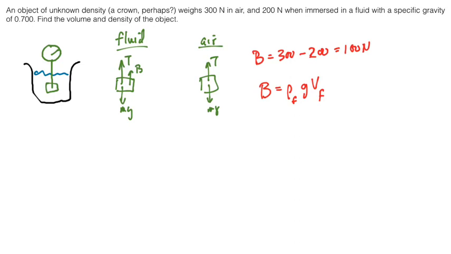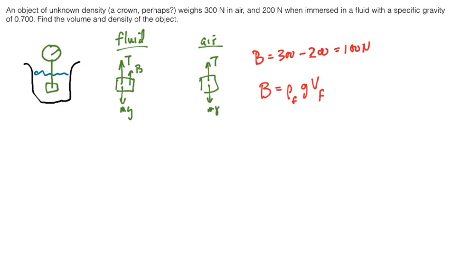Be careful here. If an object is fully immersed in a liquid, then you can say that the volume of the fluid and the volume of the object are the same. However, if your object is not completely surrounded by the fluid, you have to be careful. Let's say I had something floating on the surface of water, and 40% of it were below the surface of the water.